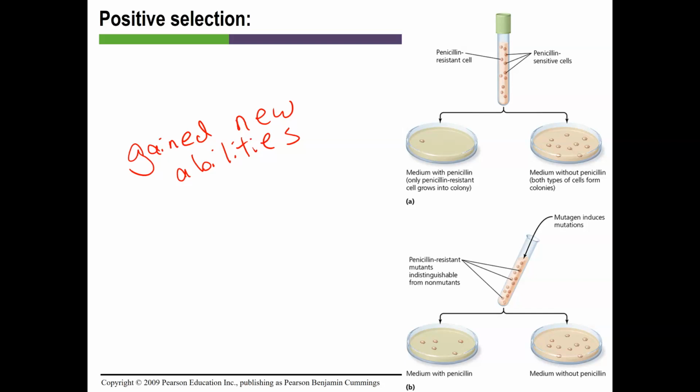If some cells acquire that ability, the antimicrobial drug will not affect them. Thus, when you plate the cells on media with the drug, only resistant cells will grow. This is positive selection. Again, you use it to detect cells that have a new ability compared to the wild type.